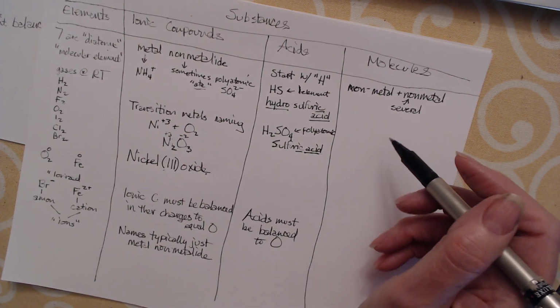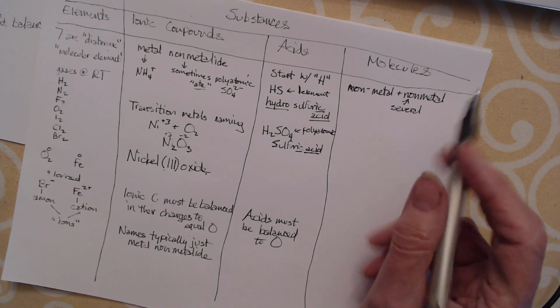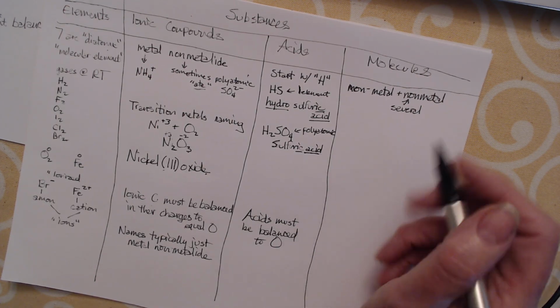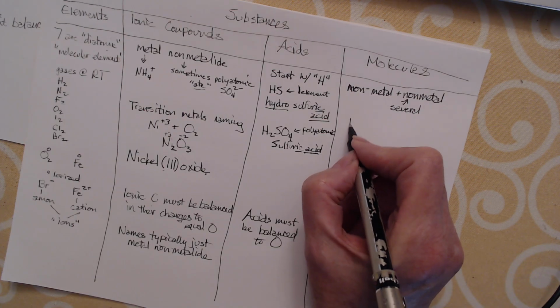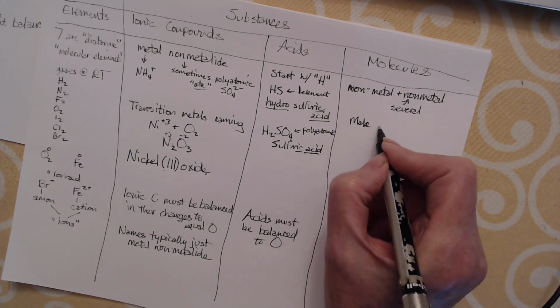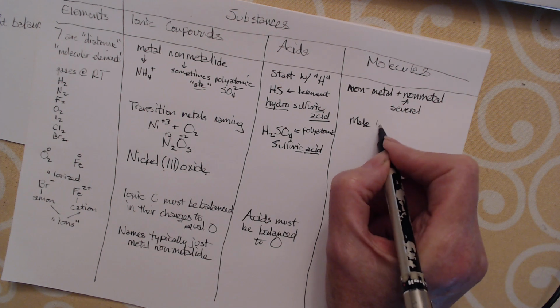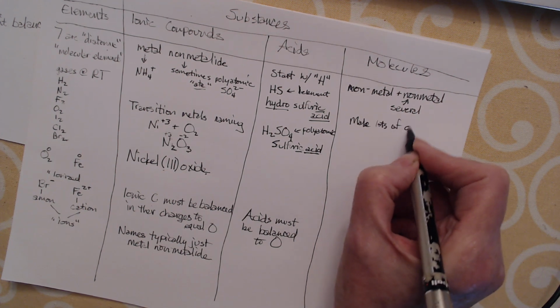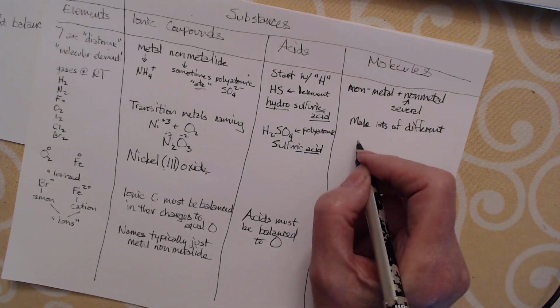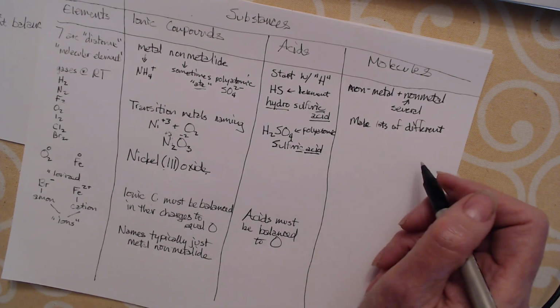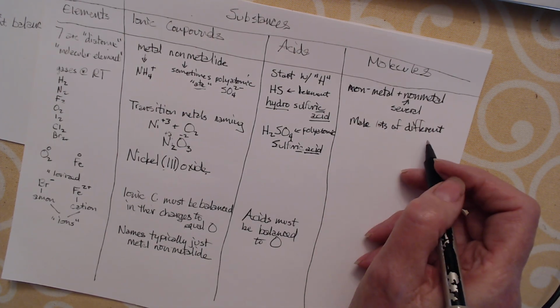All right, no metals at all are involved in this. Okay, and they make all sorts of different combinations. And that's because they're sharing their electrons, their valence electrons covalently.